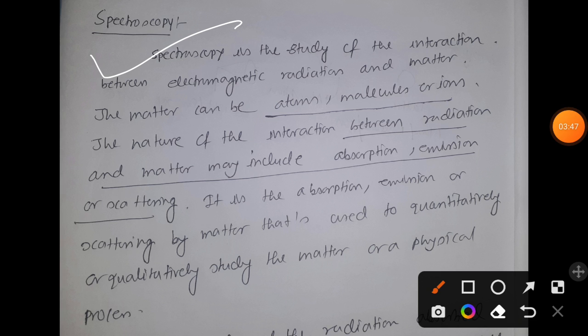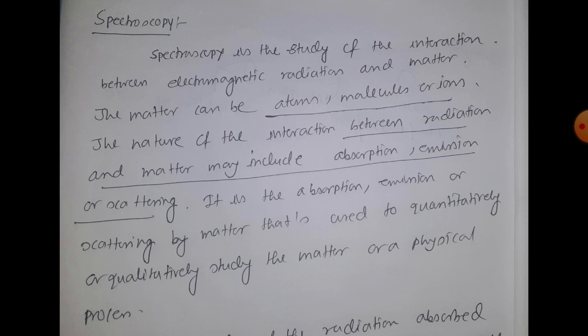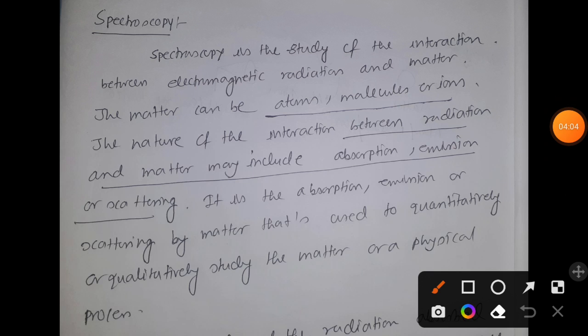So let's learn the definition that I have discussed with you diagrammatically. Spectroscopy is the study of interaction between electromagnetic radiation and matter. That means the study of absorption, scattering and emission of a matter is called electromagnetic spectroscopy. The matter can be an atom, molecule or ion.